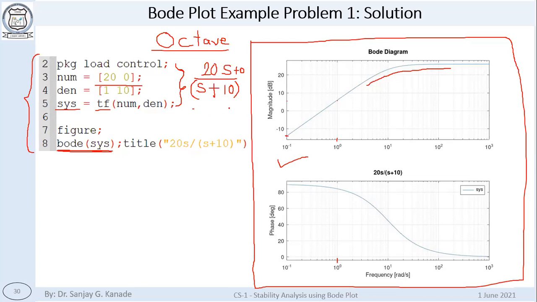This was the function, and this is something I have added, which is not really necessary, just for our future reference, to remember that this is the function I have plotted: 20s upon 1 upon s plus 10. Just to keep a record for ourselves. It is not a requirement, just additional information.